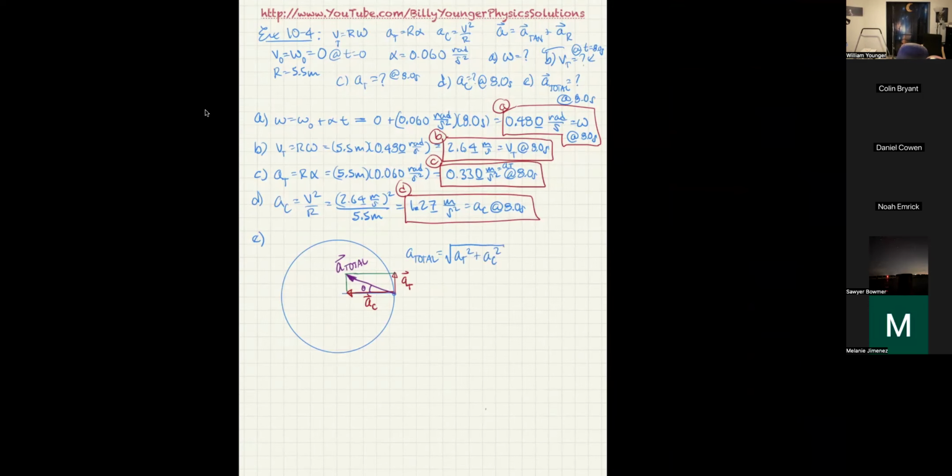We would have normally called it AR, but that's acceptable as well. So it's going to be the square root, and of course, lengths of vectors are always positive, so we're not considering the negative square root.